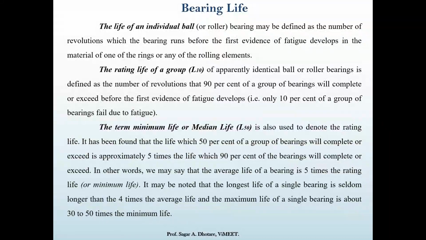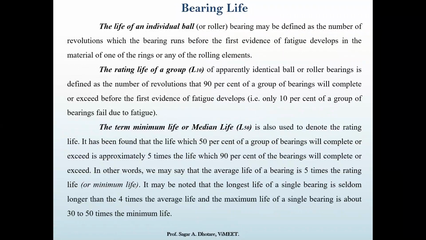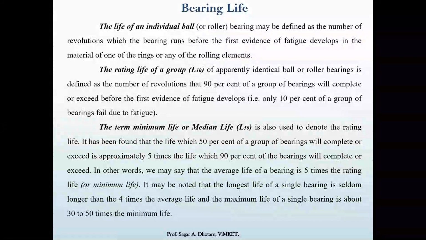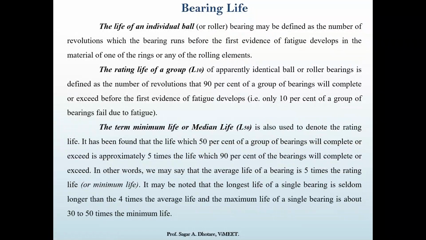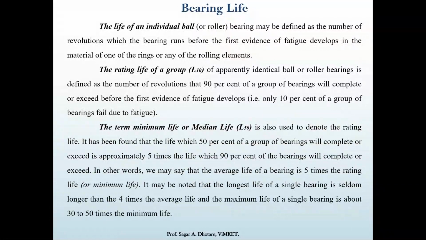It is counted in units of million revolutions. So a minimum of 1 million revolutions should be reached; the bearing should perform up to 1 million revolutions. Before that it should not fail.